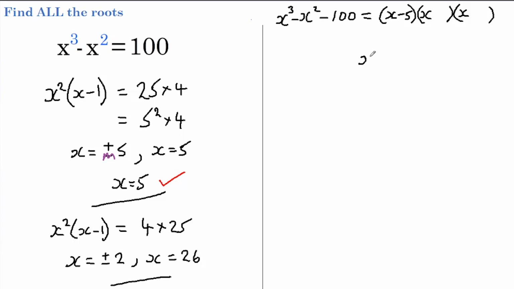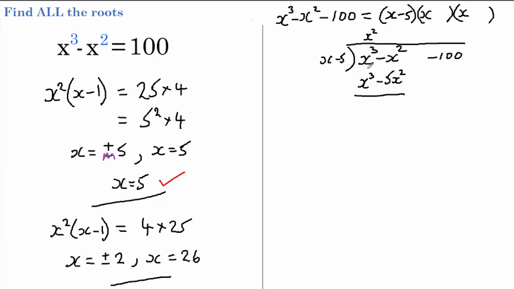So let's write this down. X cubed minus x squared minus 100, and we're going to divide all of that by x minus 5. Okay, x's into x cubed go x squared. X squared times x is x cubed, and x squared times negative 5 is negative 5x squared.